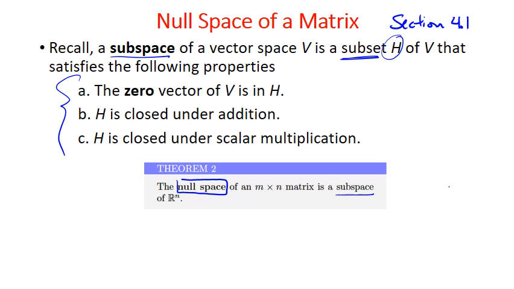So this will come up in your homework. Basically, if you have an m by n matrix, the number of columns will help you identify the subspace. So if this is a 3 by 4 matrix, the null space is a subspace of R4.